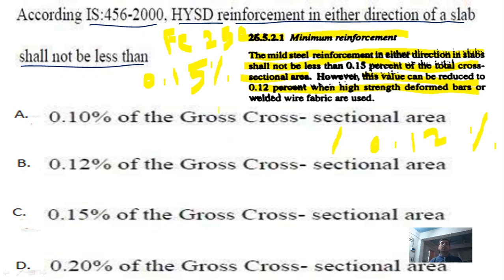So according to clause 26.5.2.1 of IS 456 2000, it is 0.12% of gross cross-sectional area when we are using HYSD bars as reinforcement. So option B is the correct answer for this question, right?